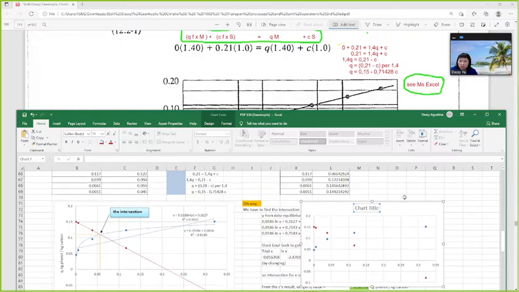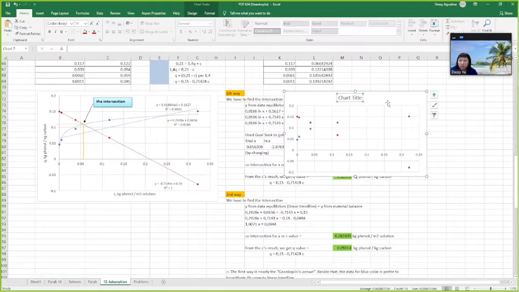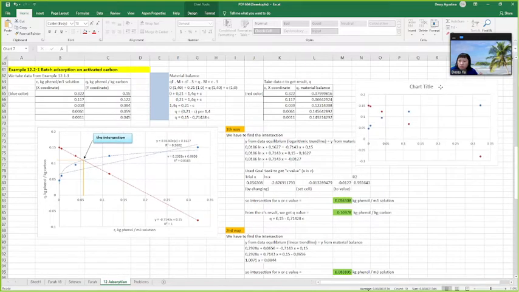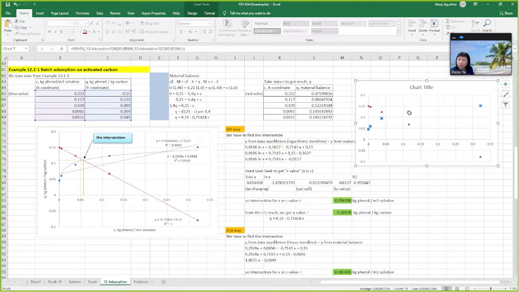After that, here we need to click the plus icon to get the trend line.